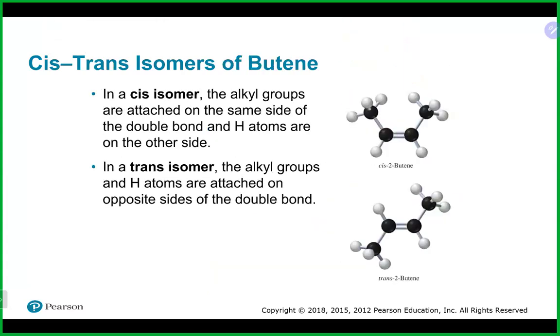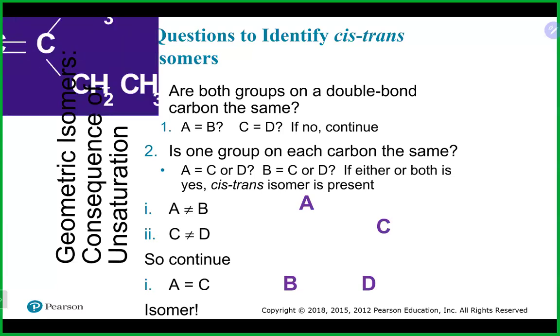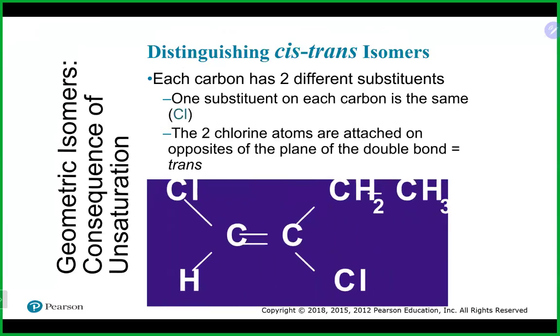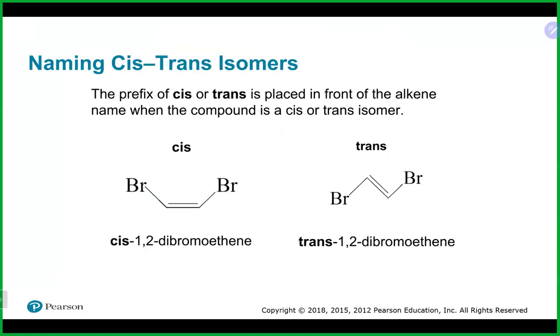So let's take a look at this one that you got here. So this is cis or trans added to the name. If we were to name this, there's one carbon here, two carbons, and that is all the carbons there are.